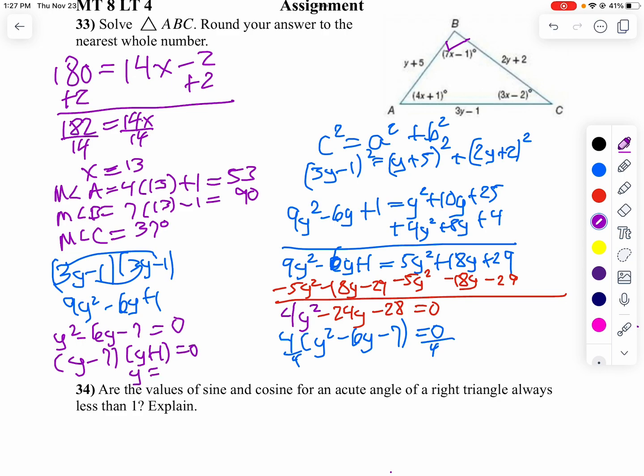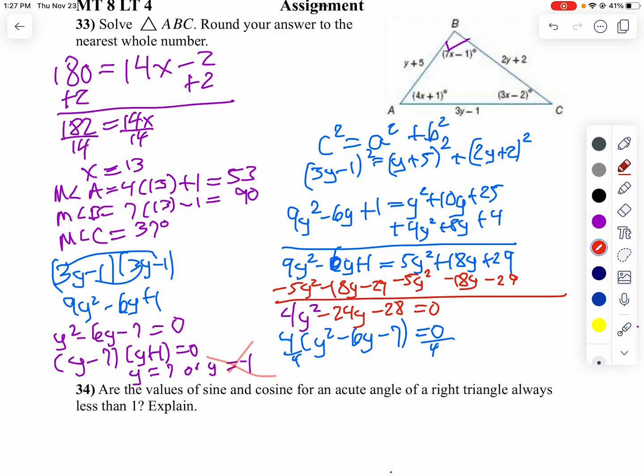So y equals 7 or y equals negative 1. And the problem with negative 1, notice if I take 3 times negative 1 minus 1, I'll get a negative answer. So although the negative 1 is an answer to my quadratic, it's not an answer to my problem.